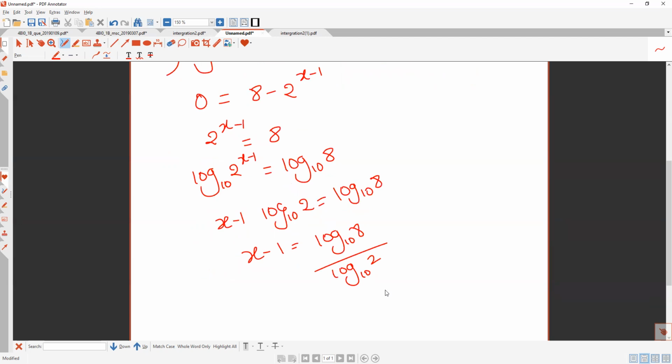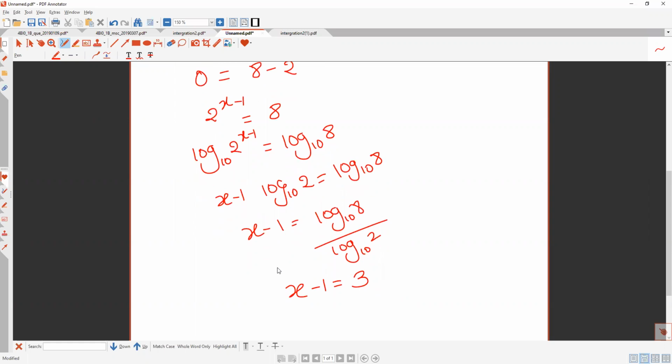Log to the base 10 of 8 divided by log to the base 10 of 2 is 3. So x minus 1 is equal to 3, so x equals 3 plus 1, that is 4. So your x value here is 4.